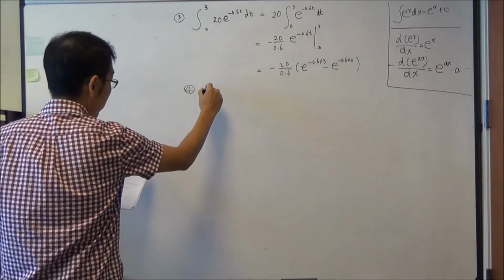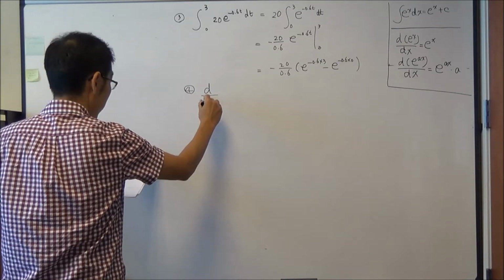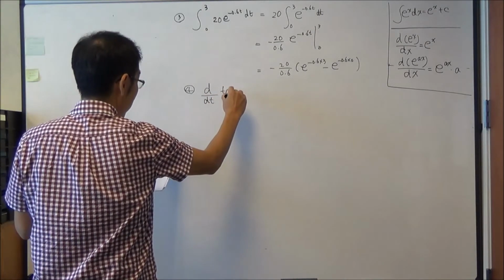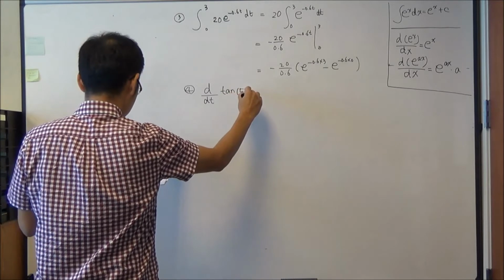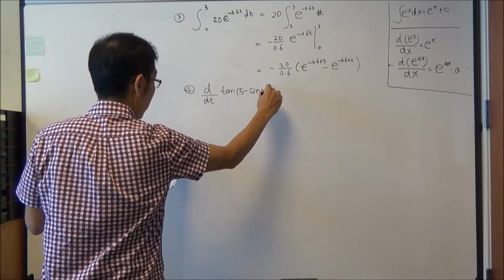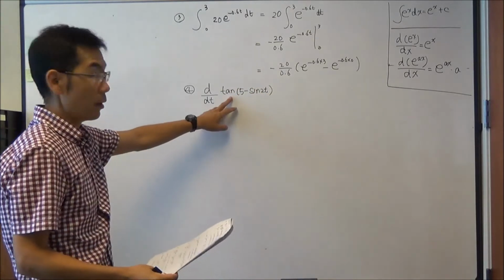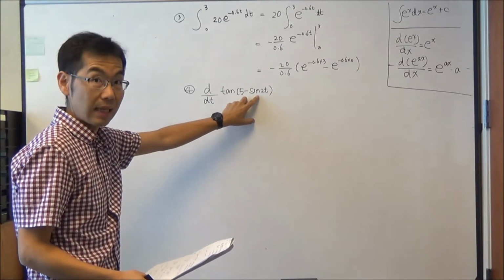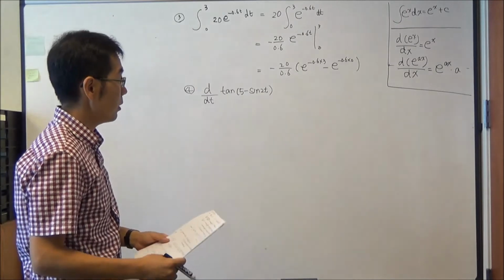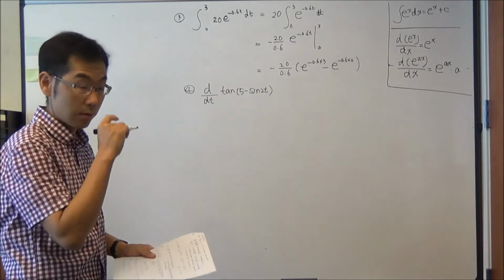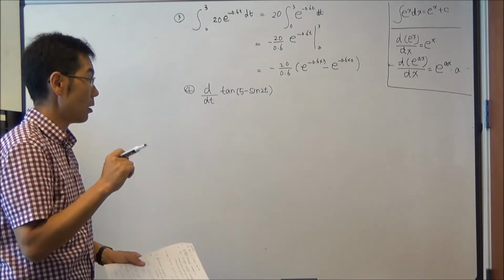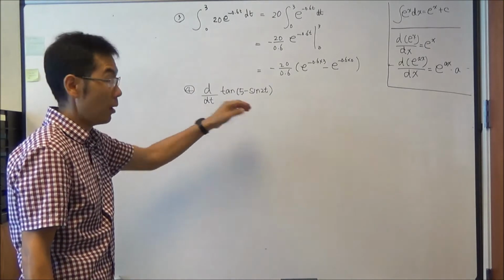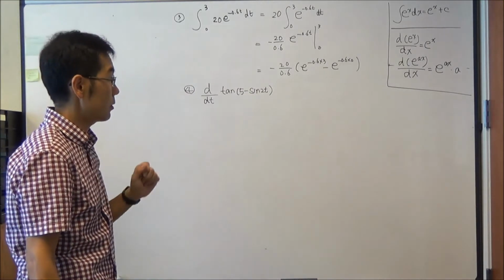So number 4 is another derivative problem, for the tangent function. Your tangent function is a little bit complex here because it has another sine function in it. So in this case, you can just substitute this internal part with another symbol.